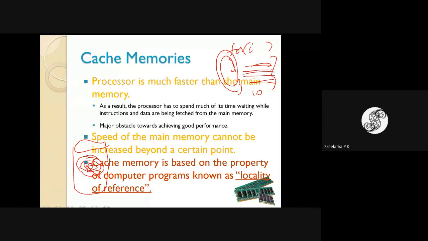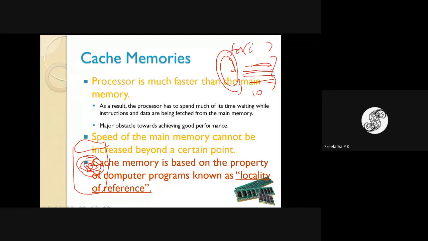The processor, the operating system, checks which are the instructions which will be executed repeatedly, along with the instruction being executed now and the nearby instructions, and those are stored in cache memory. Initially the cache memory is empty.